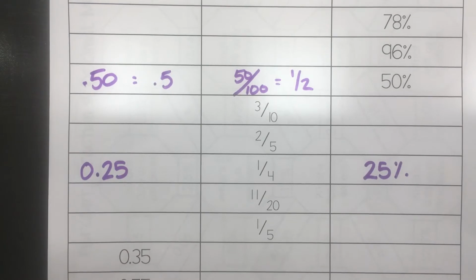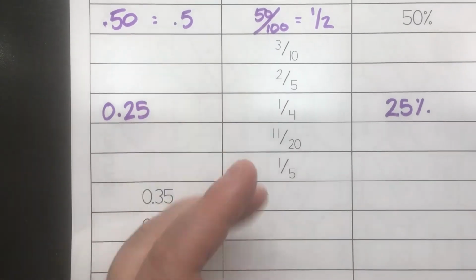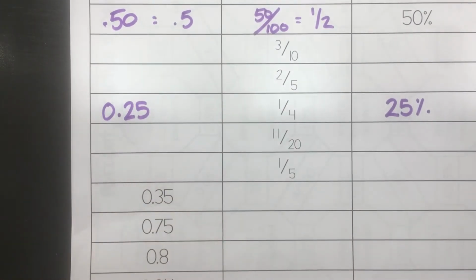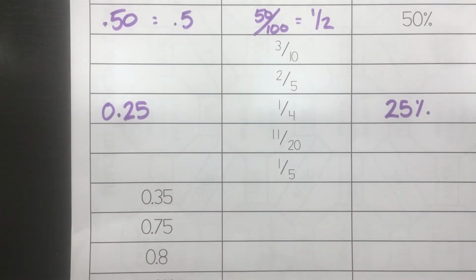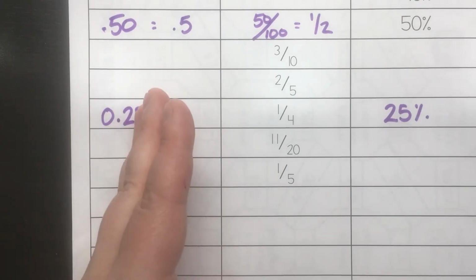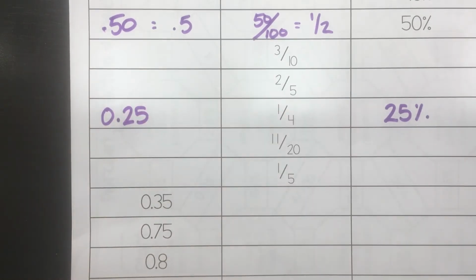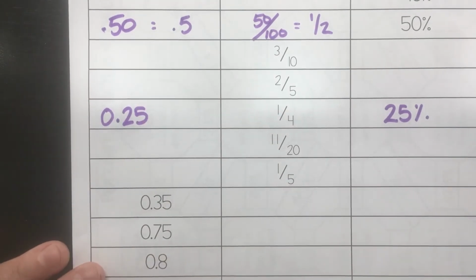Now, for some of these that are a little bit harder, if you take the decimal, remember that the decimal multiplied by 100 is going to be your percent. If you have a percent, divide it by 100 and you'll have your decimal. Okay, and then the fraction is going to be out of 100 and then you're going to reduce it.